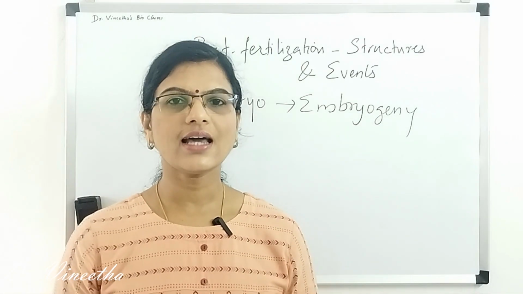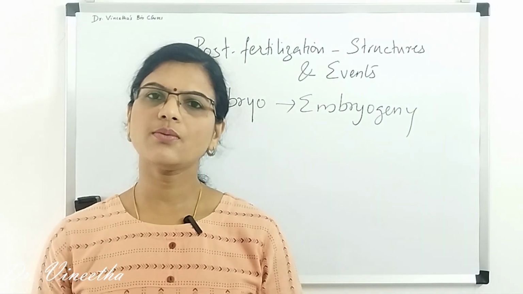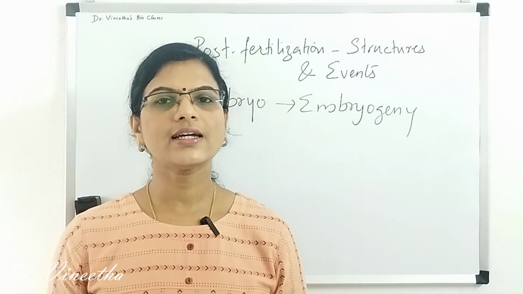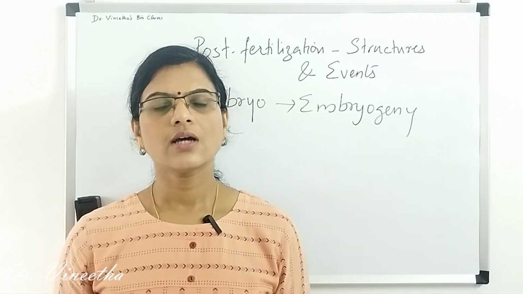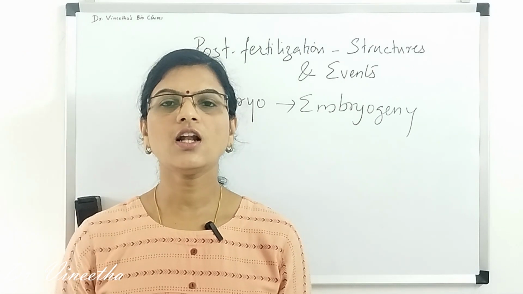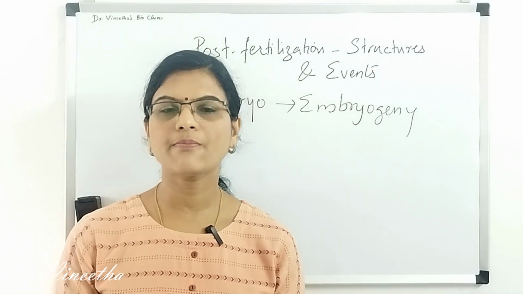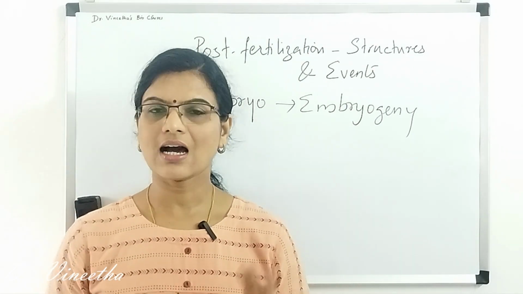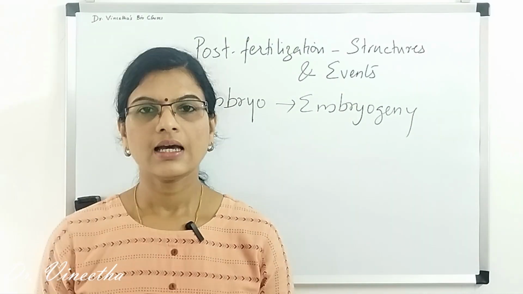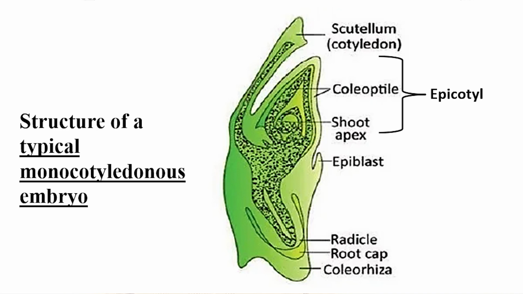We saw that the dicot embryo will have two cotyledons. The monocotyledonous or monocot embryo will have only one cotyledon. An example of a monocot embryo is the grass family. You know that grass is a monocot. In the picture you can see that the cotyledon of the grass family is known as the scutellum.